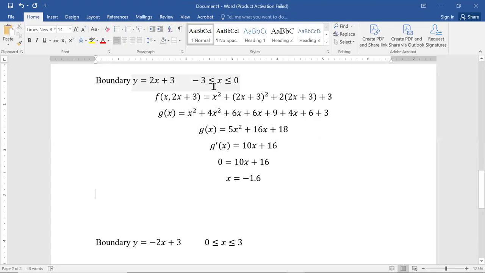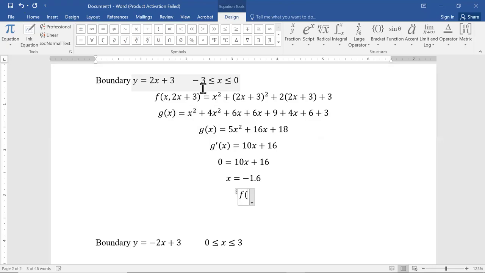The first point is when x is negative 3. By the way, when x is negative 3, then my corresponding y value also has to be negative 3. So I'm going to test out that point in my original function.